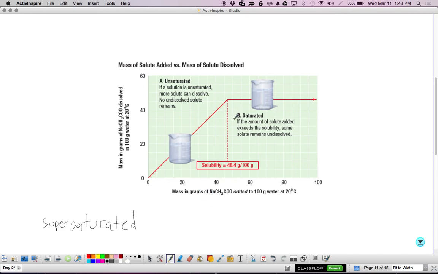When I lower the temperature back down to 20 degrees, I still have 49.4 grams of sodium acetate dissolved in solution, so we call that supersaturated. Now supersaturated solutions will always return to saturated solutions eventually.